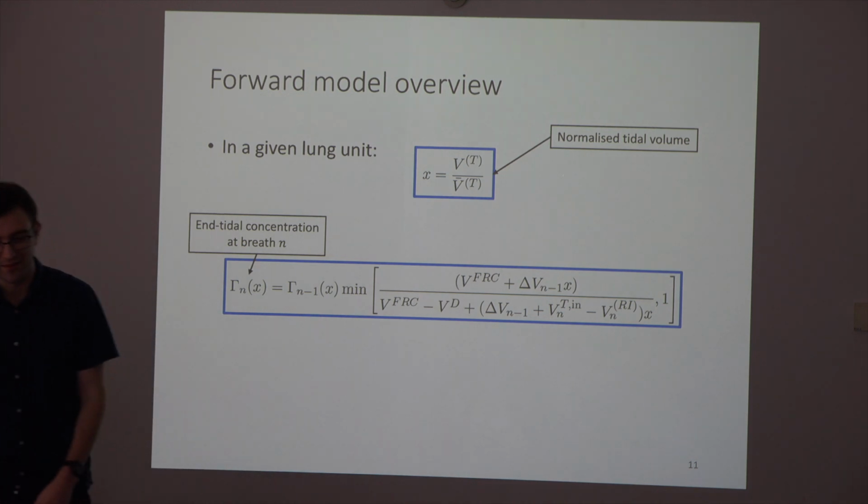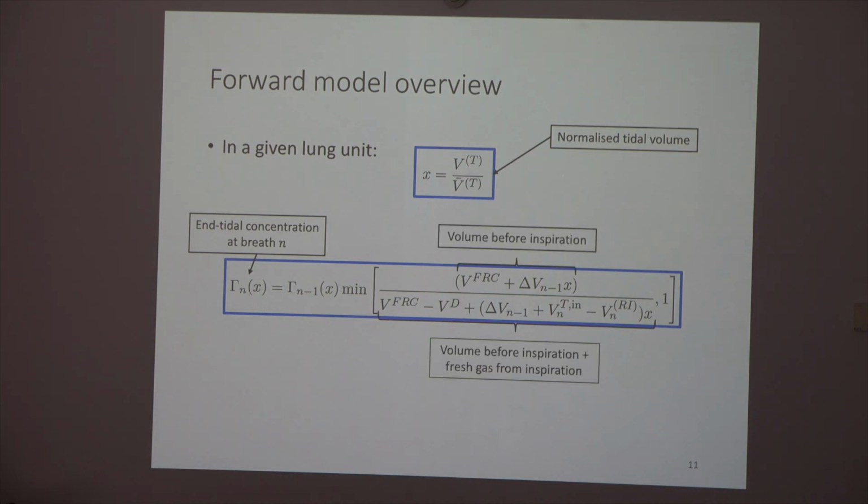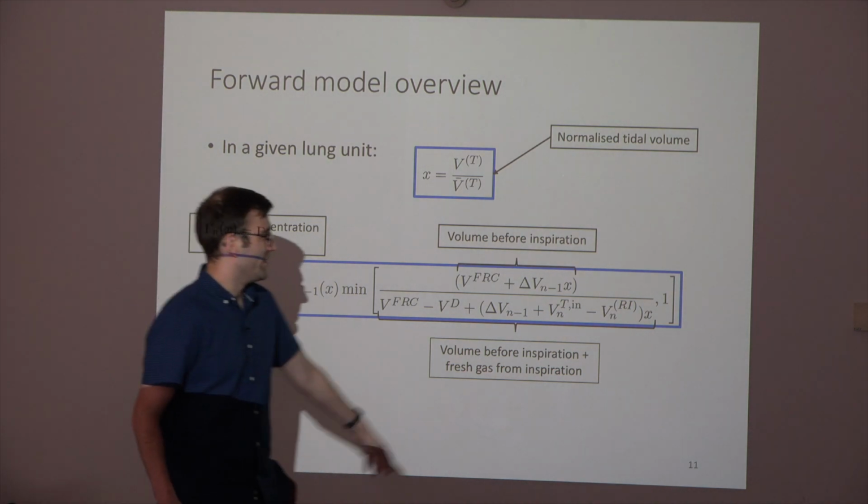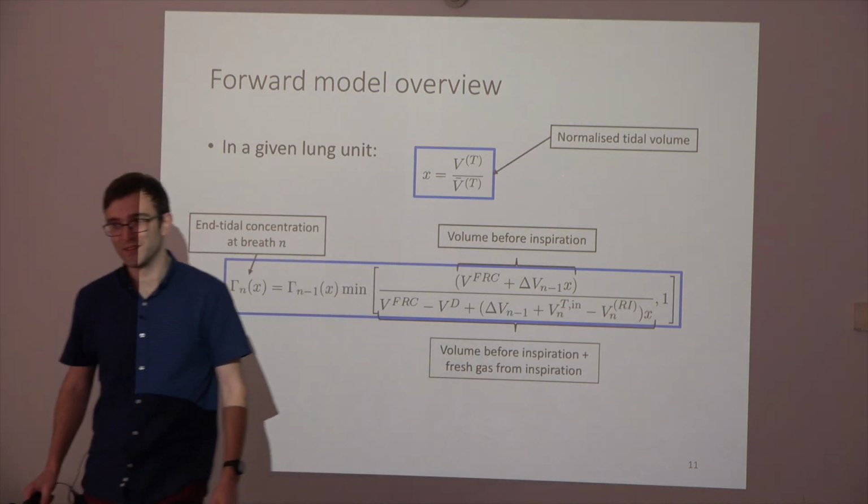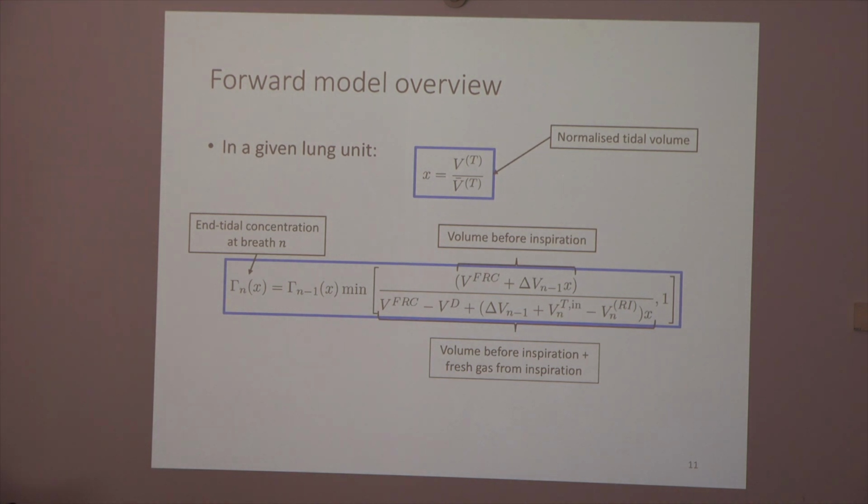Then there's a dilution factor, proportional to the volume before inspiration divided by the volume after inspiration, but taking off the contributions of re-inspired gas. If they don't clear the dead space, you don't want this term going above 1, so there's a maximum cap of 1. The concentration can't go up as the test goes on.